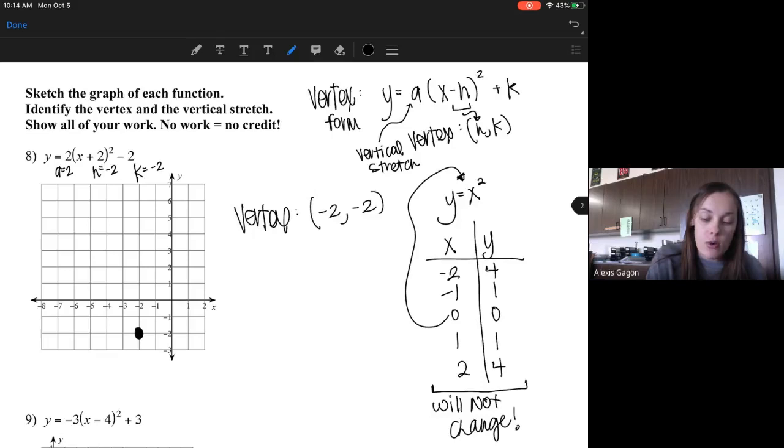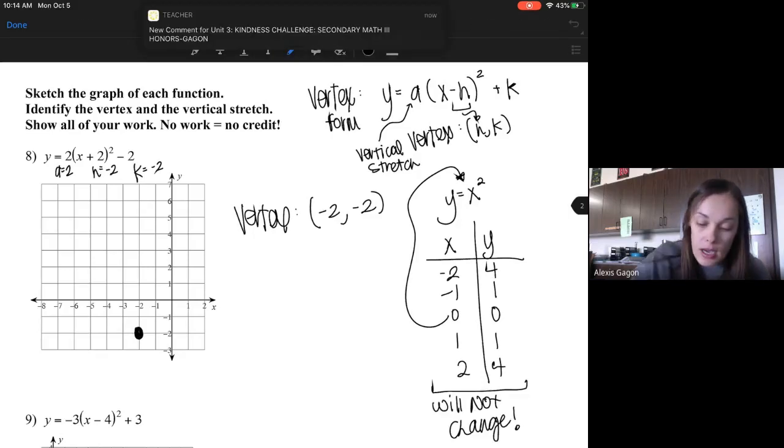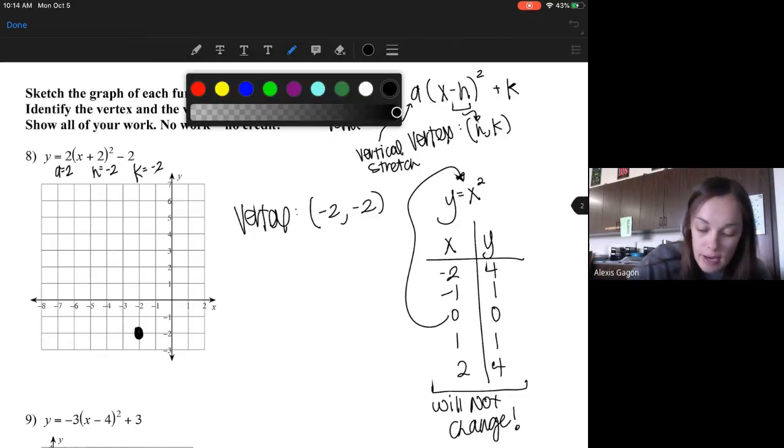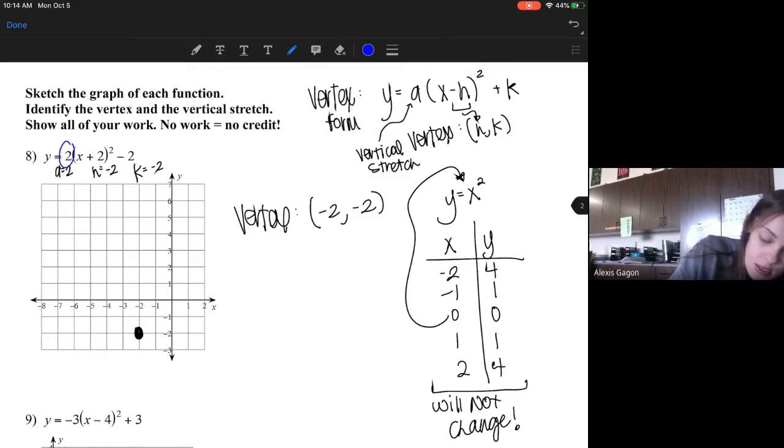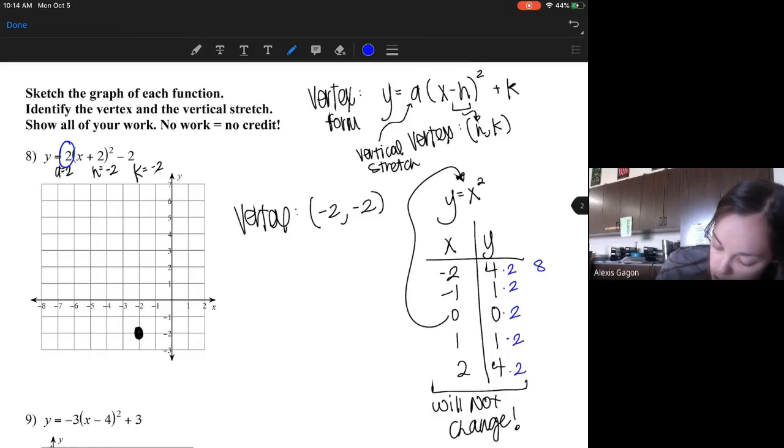We need to figure out, well, how high up am I going? How wide am I going? So I look at this a value here, I look at the 2, and I'm going to multiply all of these y values here by 2. So 2 times 4 is 8. 1 times 2 is 2. 0, 2, and 8.